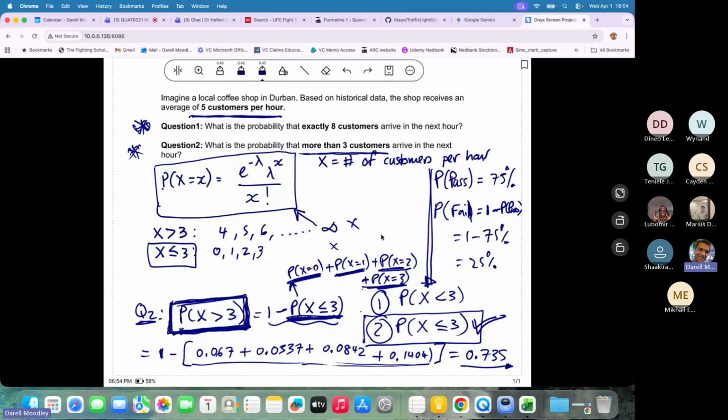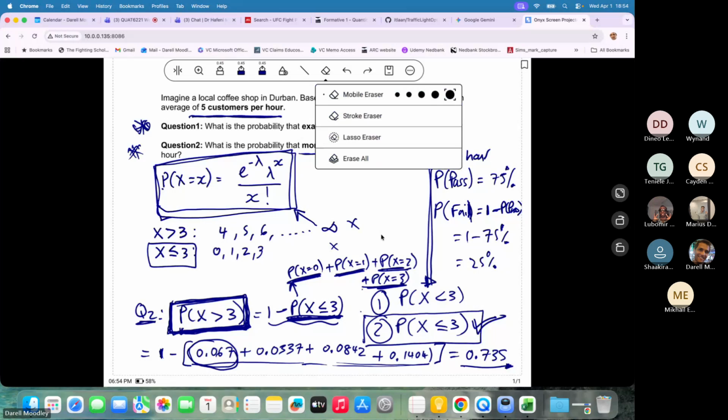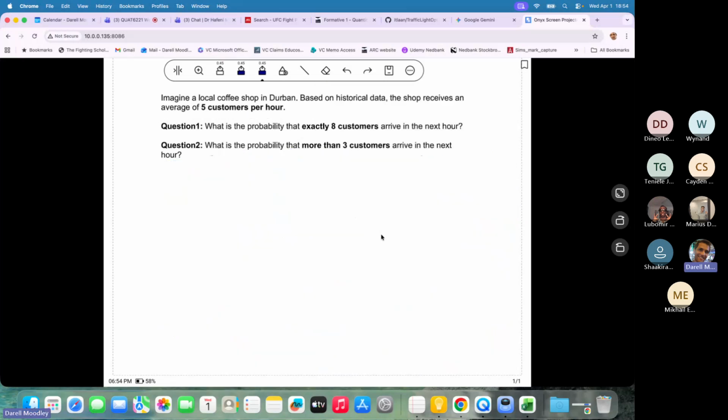Now, if you're not sure how to work this out on your calculator, or you're still struggling to work these out, let's do one now, and I'll talk you through it. We need to get comfortable using our calculator to work out probabilities using this equation. So let me make some space on the board here. All right, so I'm going to rewrite the equation.